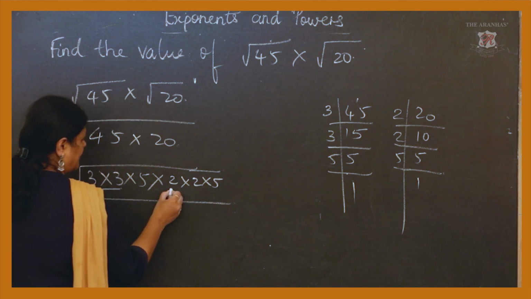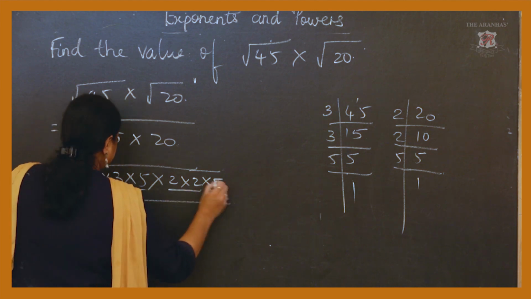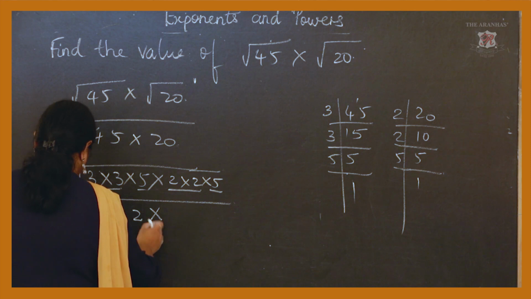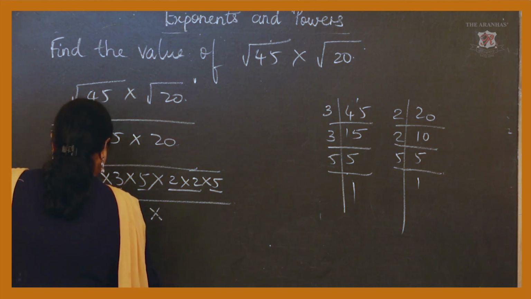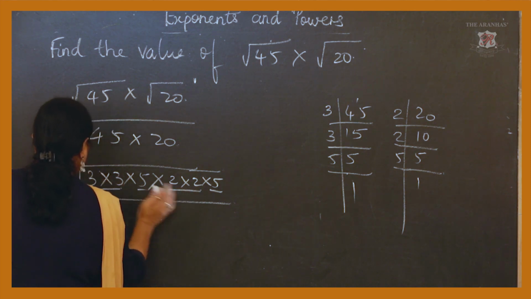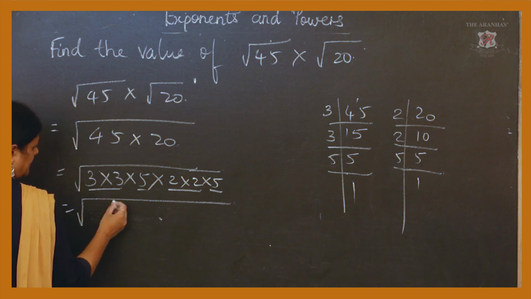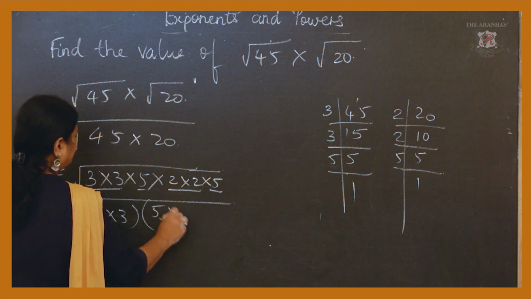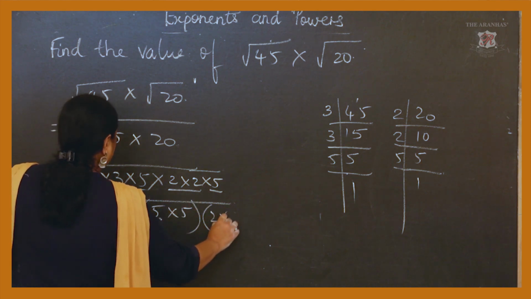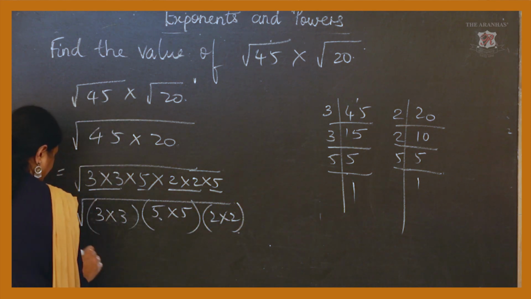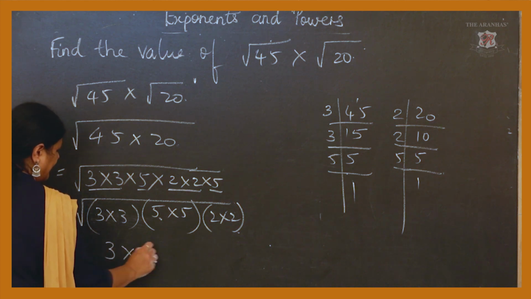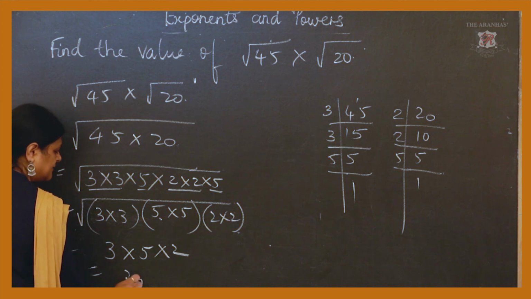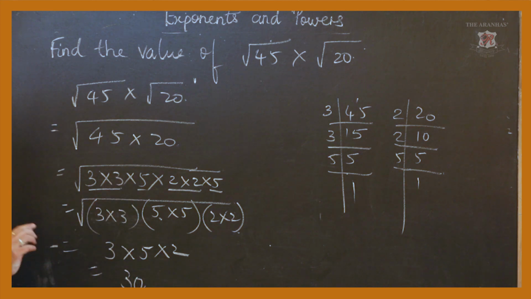You got this 3, you got this 2, and you have got this 5. Or you can do one more step: 3 into 3 into 5 into 5 into 2 into 2, which will give you what? 3 into 5 into 2. 5 3s are 15, 15 2s are 30. So 30 is your answer.